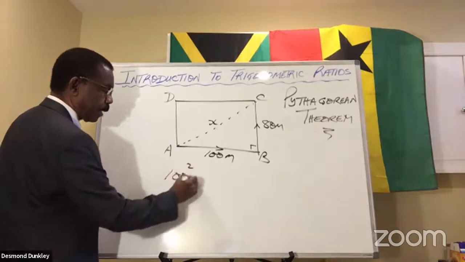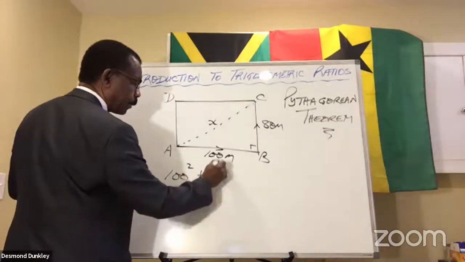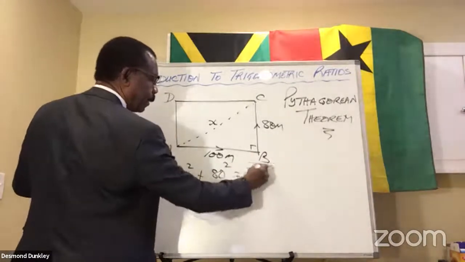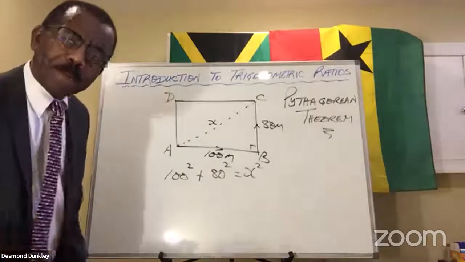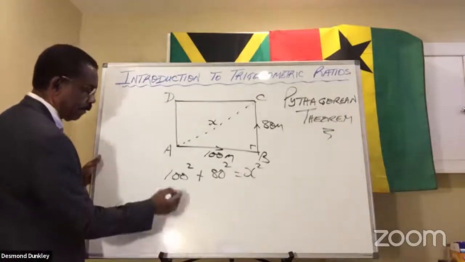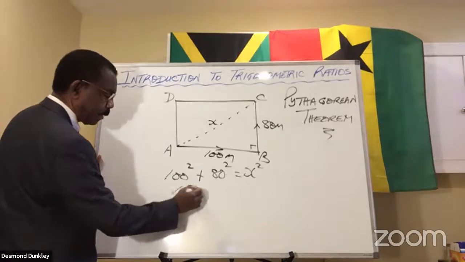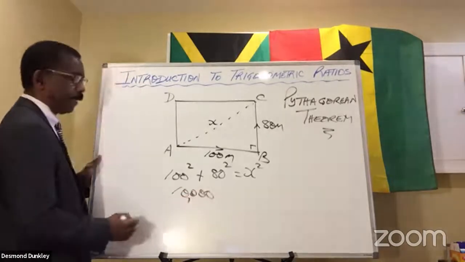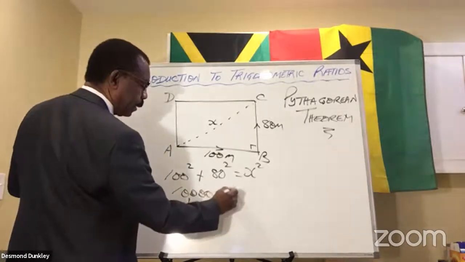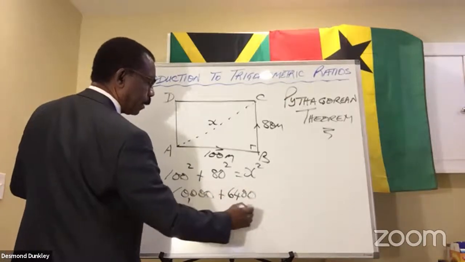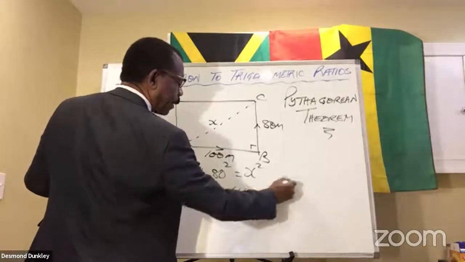100 squared plus 80 squared equal to x squared. I should have chosen better numbers, but this gives me 10,000 plus 6,400 equal to x squared.